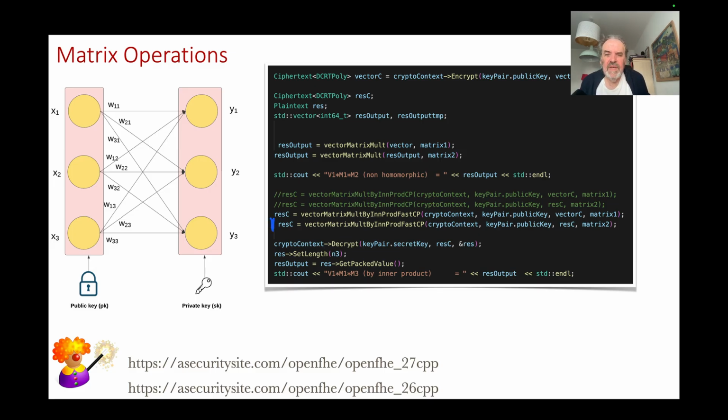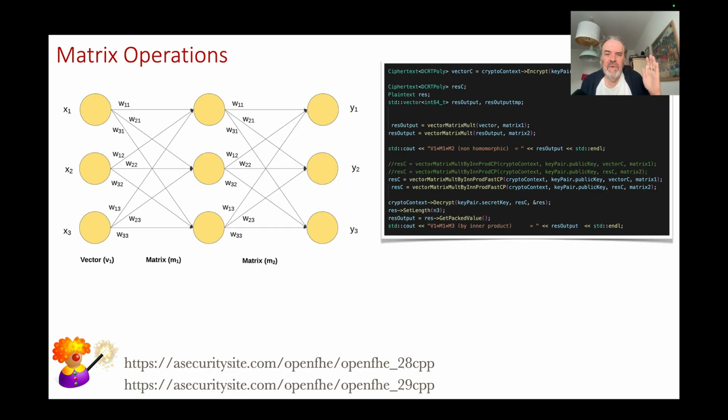Here's an example of us multiplying matrices together and producing our result. Again, we're using the private key to decrypt. Then when we have multiple matrix multiplications, we can perform that inside our library.